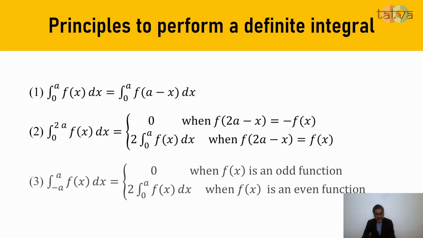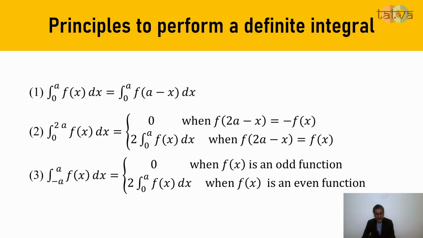Then this one is another very valuable property where the nature of the function f of x will decide whether the output will be 0 or 2 times 0 to a f of x dx. Observe the left hand side, the limits are minus a to a f of x dx. There are something called odd and even functions.